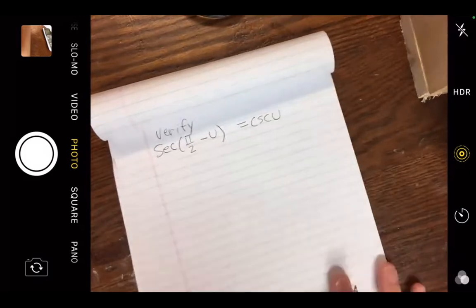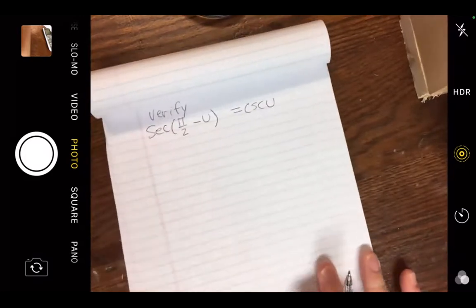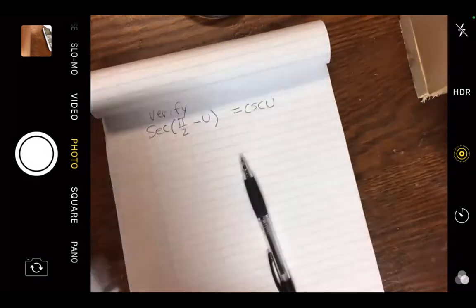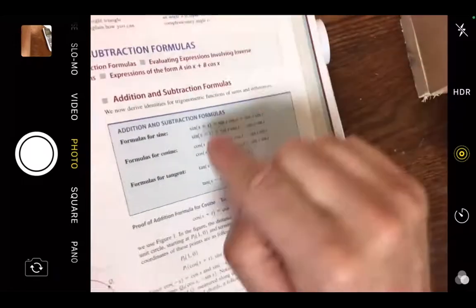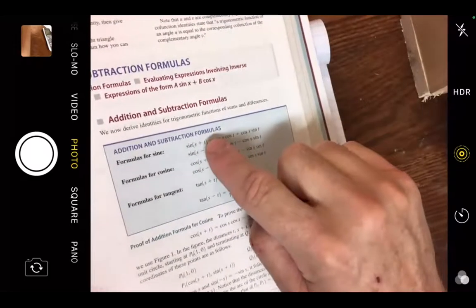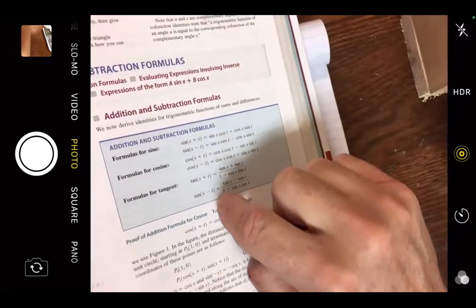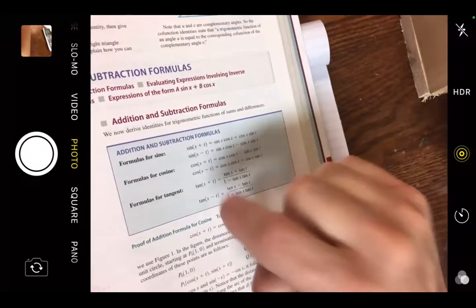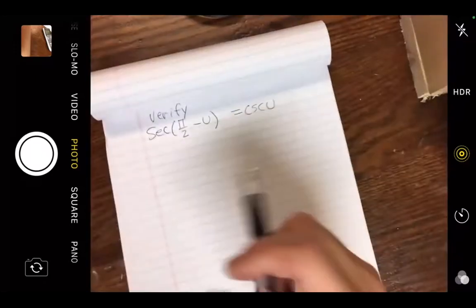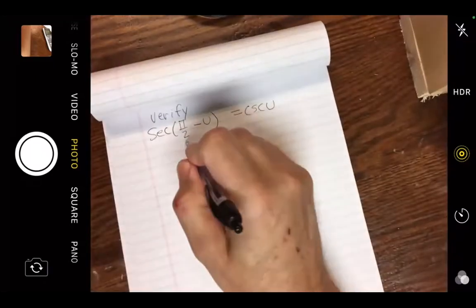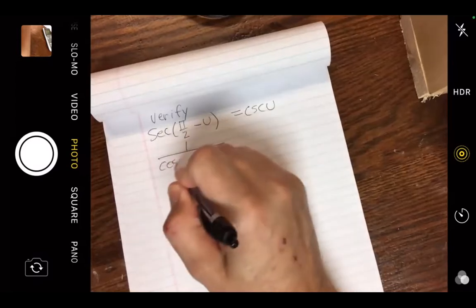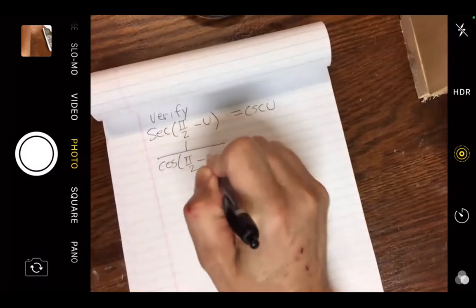I know that reads like gibberish. They think they're being helpful, but all they really mean is to reach back to these formulas. But again, the only formulas are given in terms of sine, cosine, and tangent. So that's when you have to realize a secant is 1 over a cosine. So that would be 1 over cosine of pi over 2 minus u.